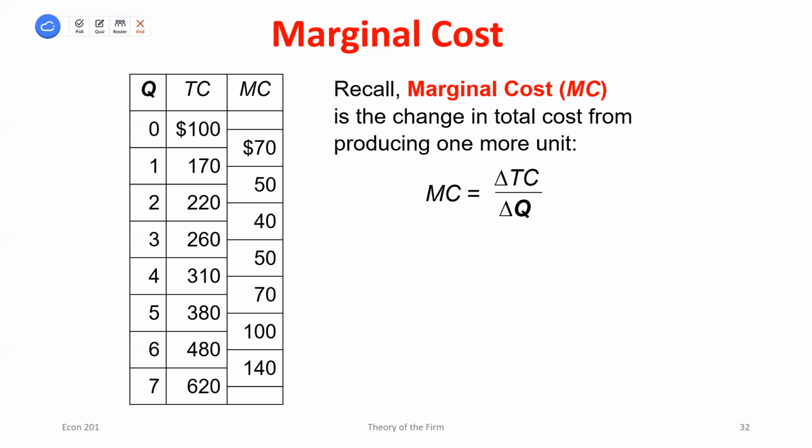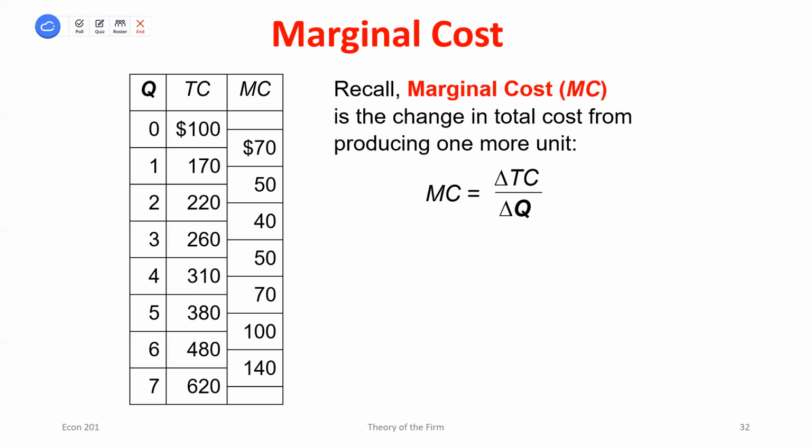Fixed costs never change. So all of my changes in total costs are solely coming from my variable cost. Notice if I look at my variable cost column, I can actually compute marginal cost here as well. Going from 0 to 1 unit, I went up by 70. Change in quantity was 1, so I got 70. Going from 1 to 2 units, my variable cost went up by 50.